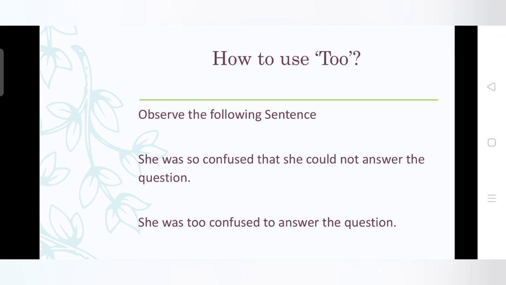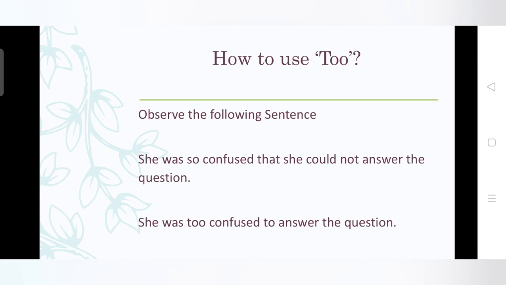So the sentence has become, she was too confused. Now this is the half sentence. Now what should I do? Then remove the word that, remove the word she, remove the word could, remove the word not.